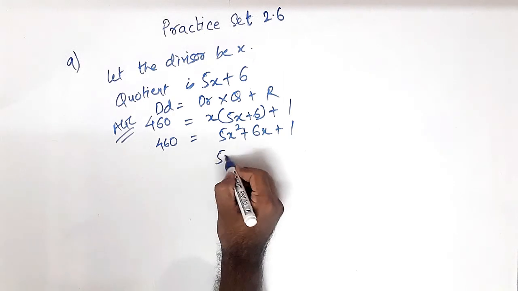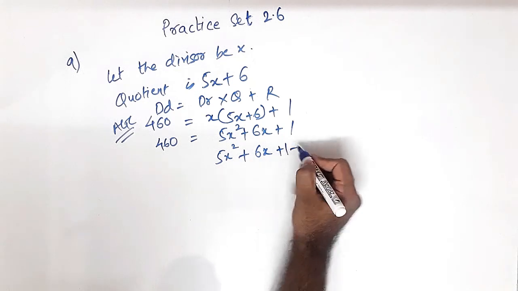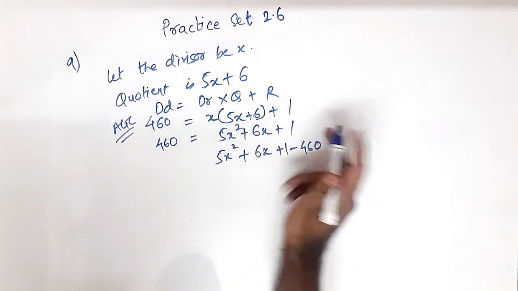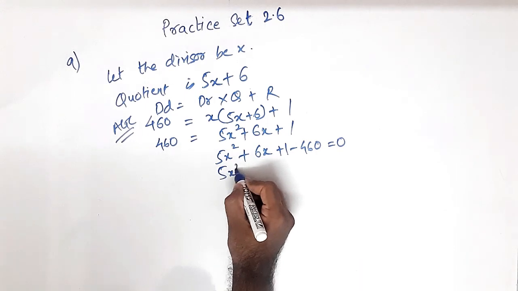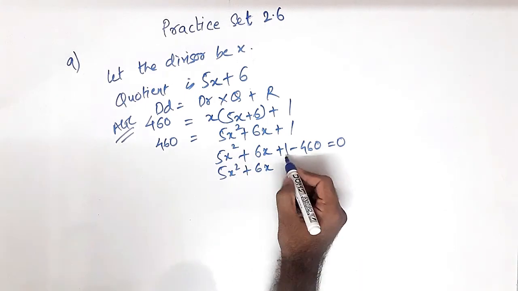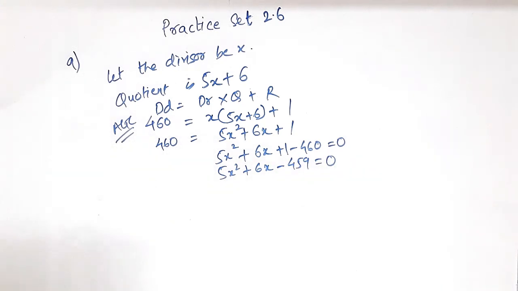So 5x square plus 6x plus 1 minus 460. I'll bring this here, and what remains is 0. So 5x square plus 6x minus 459 equals 0.